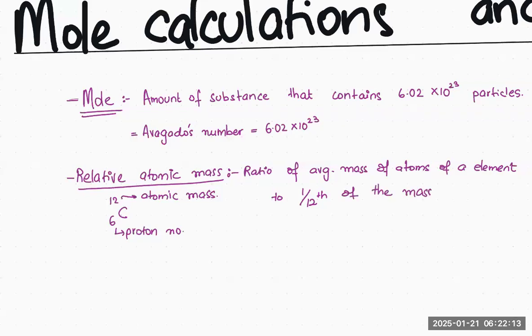Quite simply put, actually let me make this definition a bit better. It is the ratio of the average mass of atoms of an element relative to the mass of atoms of carbon-12.